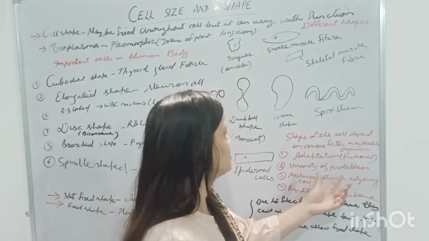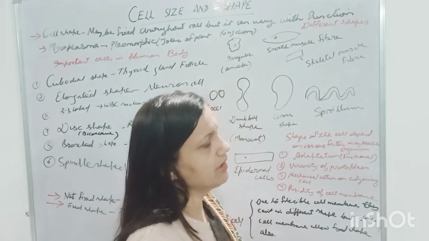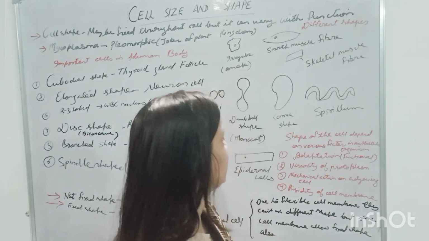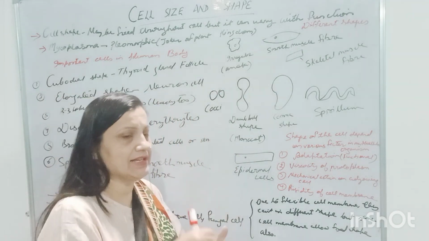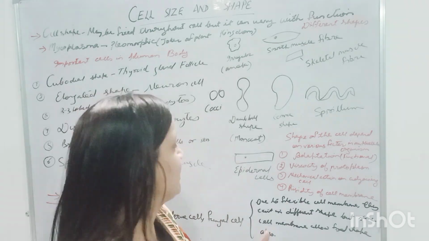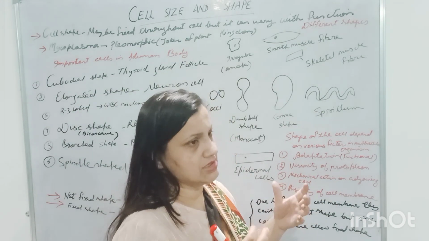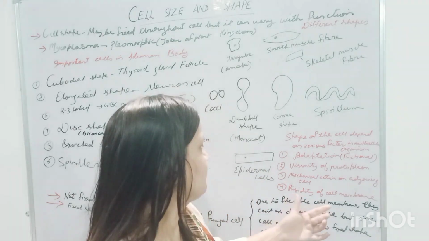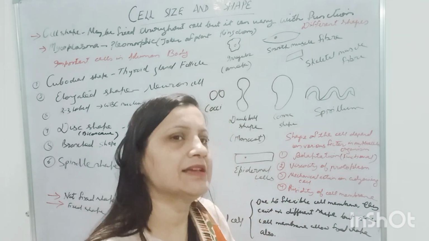Then viscosity of the protoplasm, how viscous the protoplasm is, also decides the shape of the cell. Then mechanical action on the adjoining cell, the pressure that is exerted on the cell, can make the cell flexible, and mainly the flexibility depends on the cell membrane.